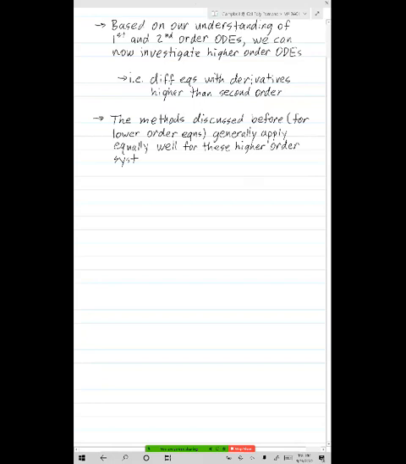And here I'm specifically referring to the idea of the characteristic equation that was associated with an assumed solution, as well as this idea of linear differential operators. So both of those we've already developed.